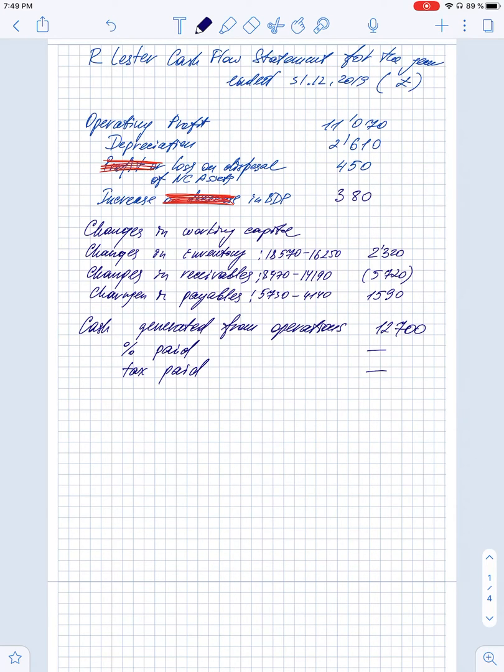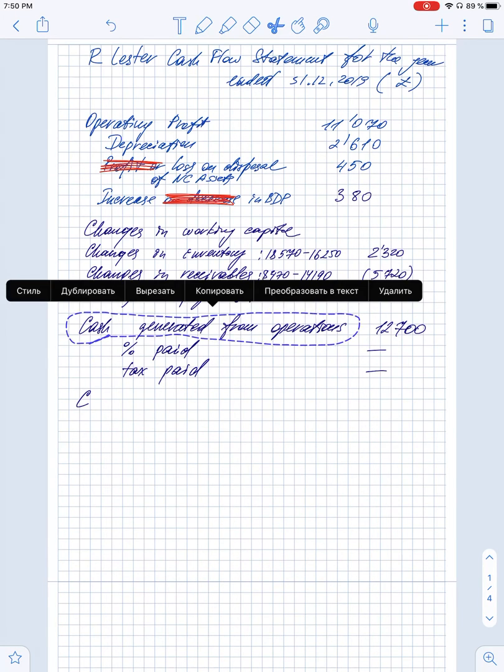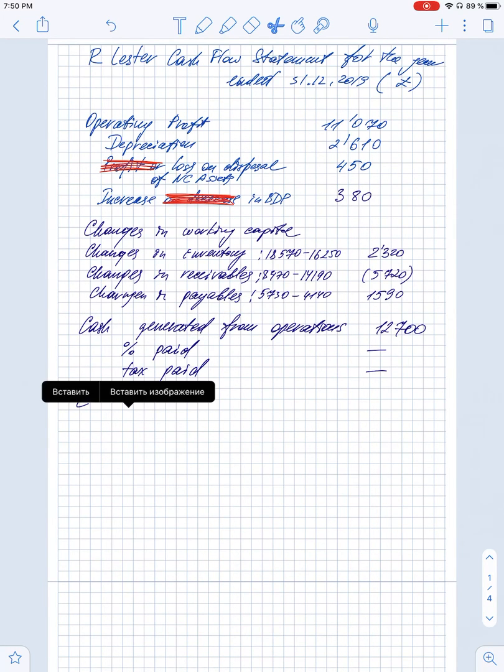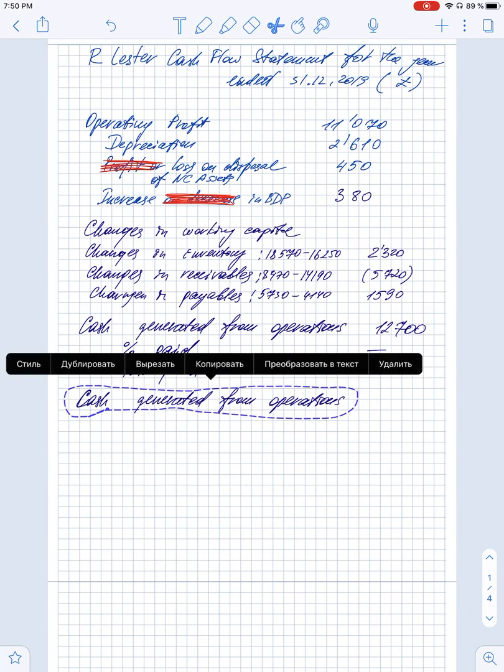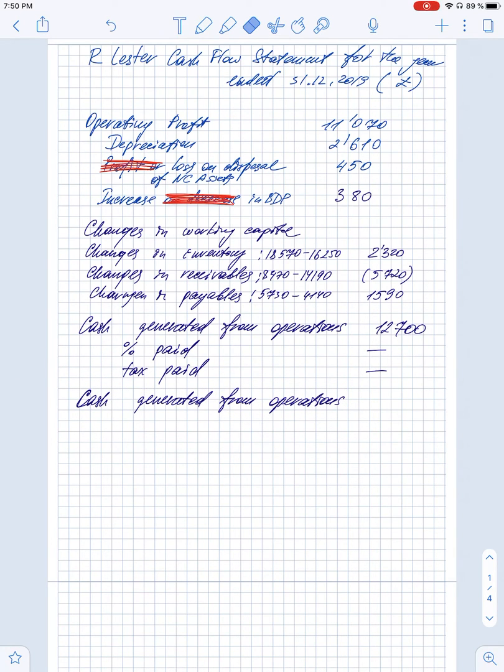And cash generated from operating activity would be the same. I will copy the line because only one word would be different. So here we would have cash generated from operations, the same amount, 12,700. This is the first subtotal.